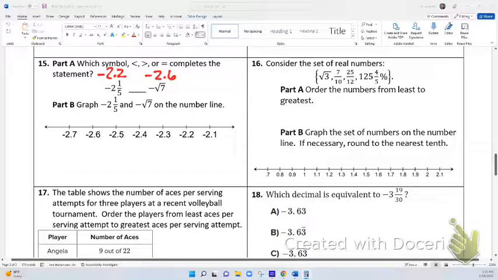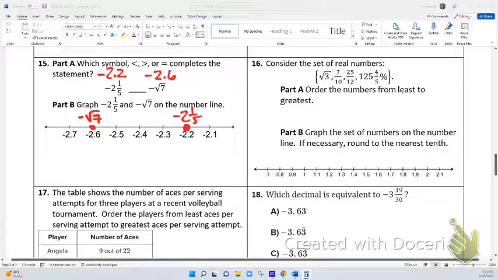So when we graph this, we go to -2.2, which ends up being over here. This is my -2 and 1/5. And then we go to -2.6, which is over here. And then this ends up being my negative square root of 7. Now here's the biggest issue that a lot of students have.